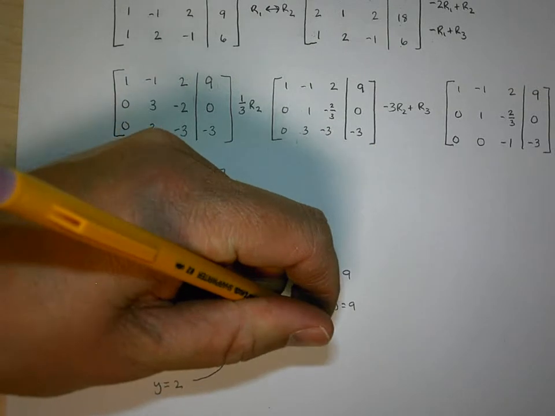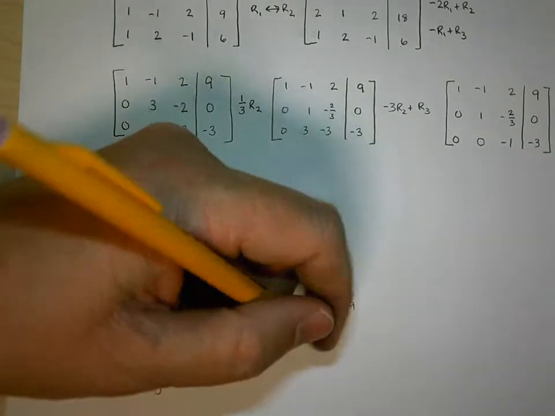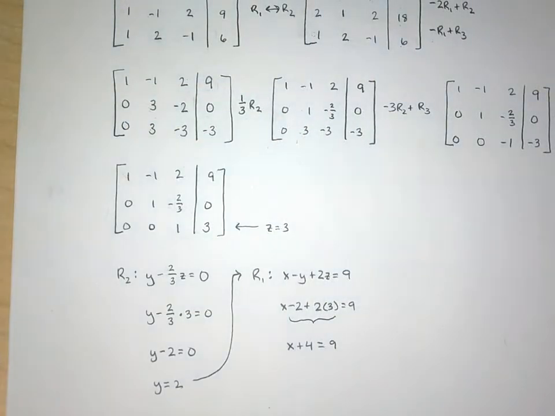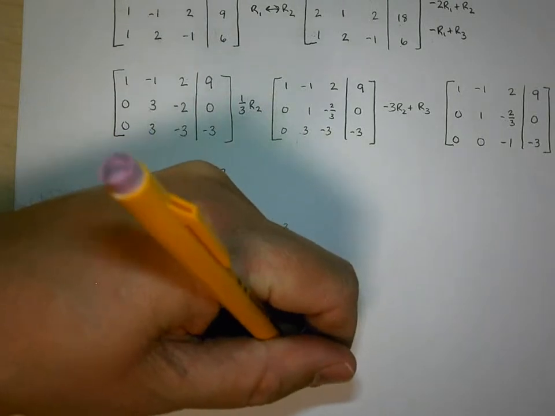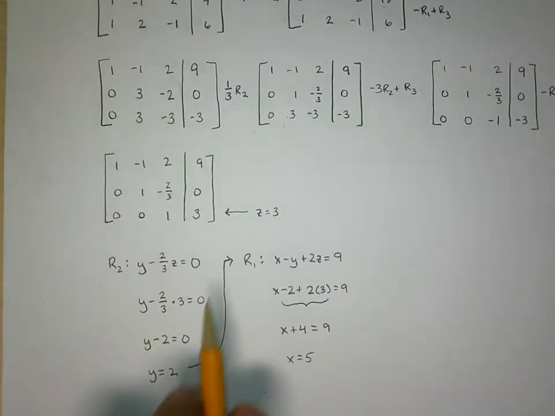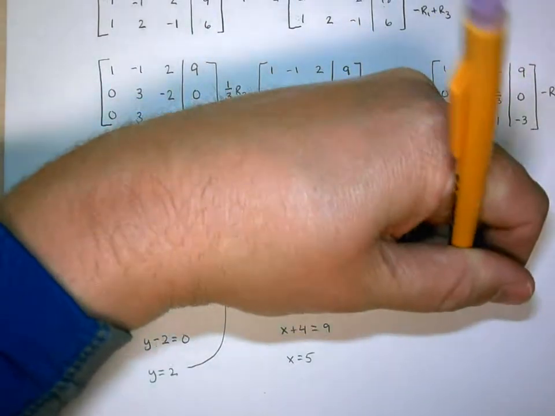On the left side, we see a negative 2 plus 6. Well, that's 4. So I have x plus 4 equals 9. Therefore, x is equal to 5. So now we know the x, the y, and the z that solve all three equations. And so our solution, we would write 5, 2, 3.